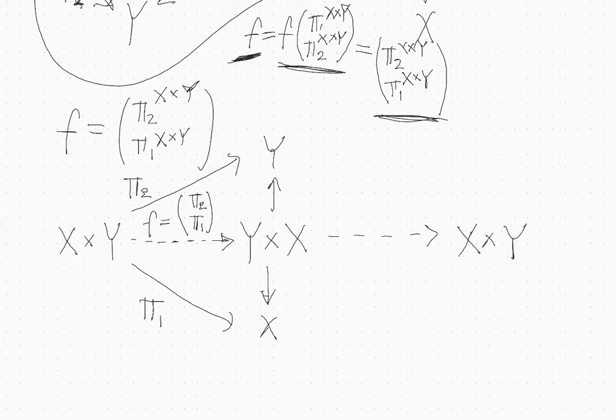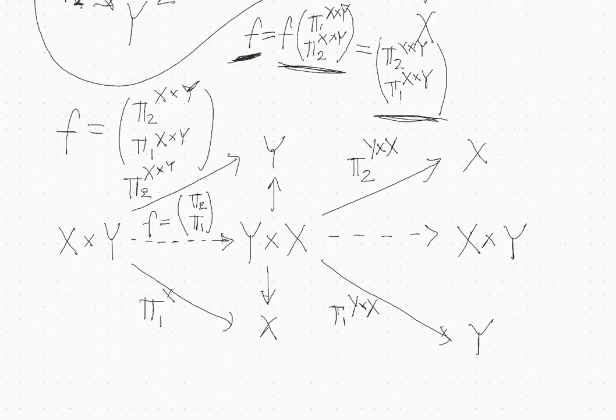So here we'll take, again, pi 2, but this time it's the pi 2 of y cross x. Previously, it was pi 2 of x cross y. And here it will take pi 1. Once again, previously it was x cross y, but now it's y cross x. So this is going to be g.